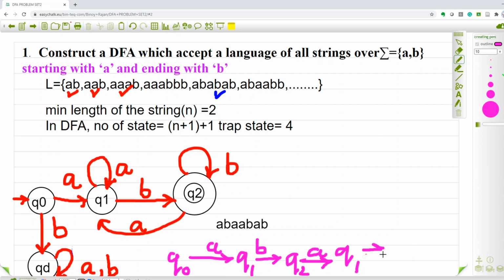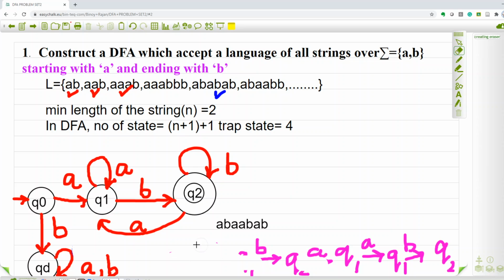Q1 with A as input symbol, I am in Q1 itself. So A, B, A done. Now from Q1 I should go with B to the Q2 state. Okay, so I reach the Q2 state.